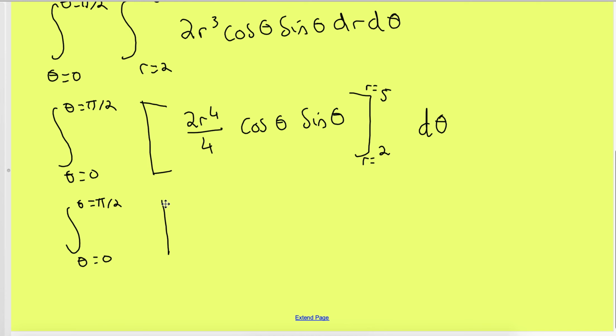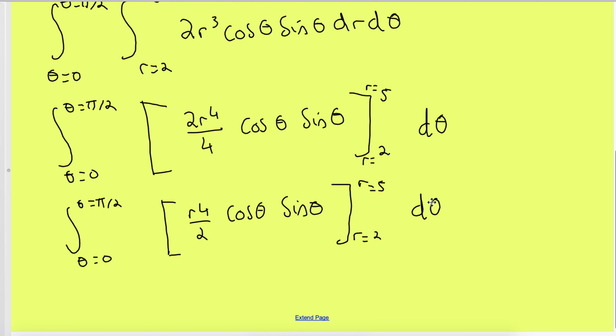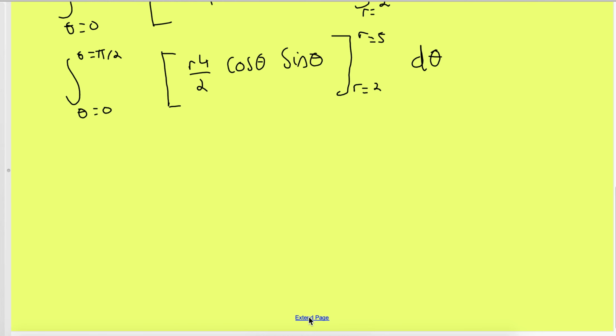So that's r to the power of 4 over 2 cos theta sine theta, r equals 2, r equals 5, d theta. And please try and simplify it as you go. I know I've got an awful habit of sometimes not doing it. It doesn't actually make a difference because you're going to get a numerical answer at the end, so it doesn't really matter when you choose to simplify.